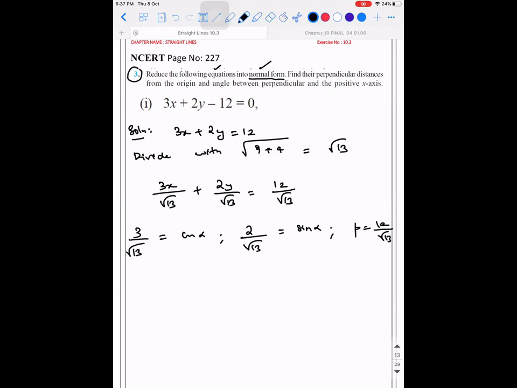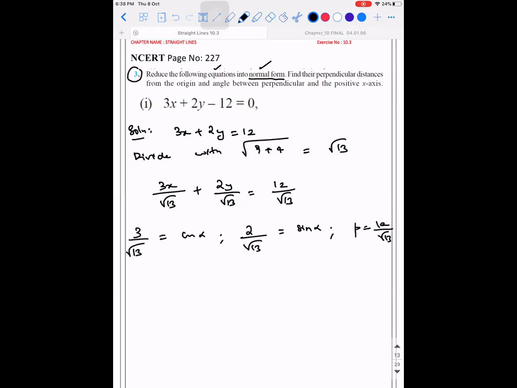So given, x cos 120 plus y sin 120 degree equal to 4. Sin 120 for this one. Yes, sir. This is a question, right? Can you please check in the textbook? The question is wrong, sir.